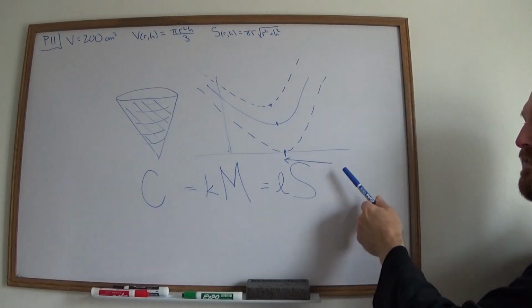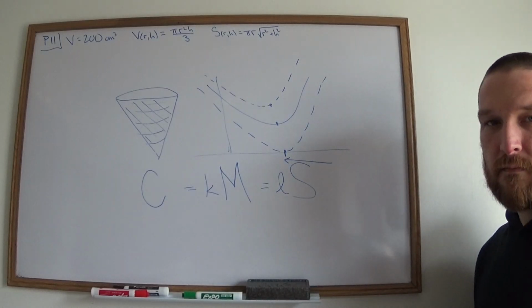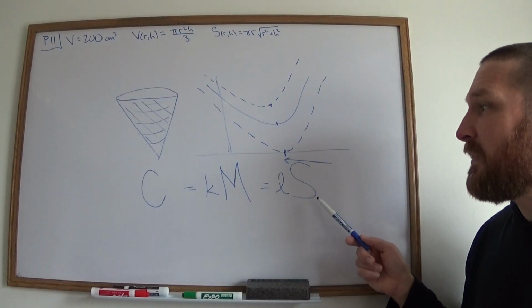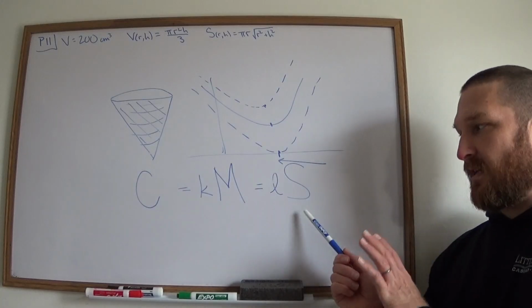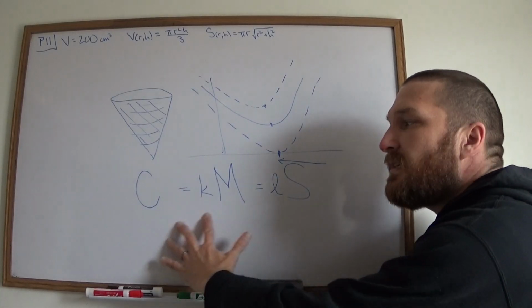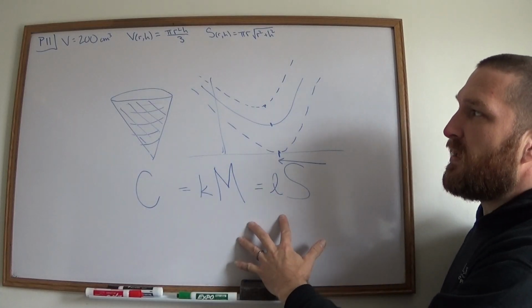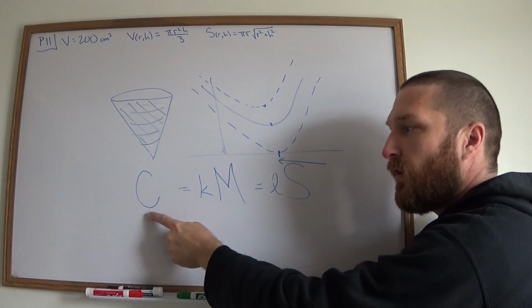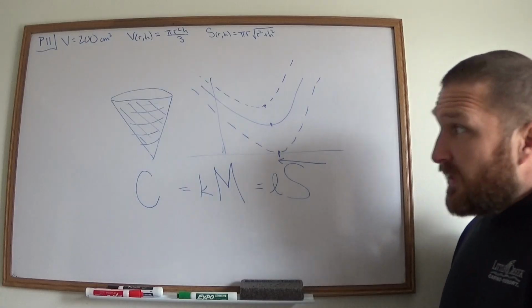So if you find the minimum input value for any one of these, then you found the minimum input value for all of them. So all of that's to say that I don't need to see any of this, right? You should be able to infer that if you minimize the surface area, then you also minimize the cost, okay?